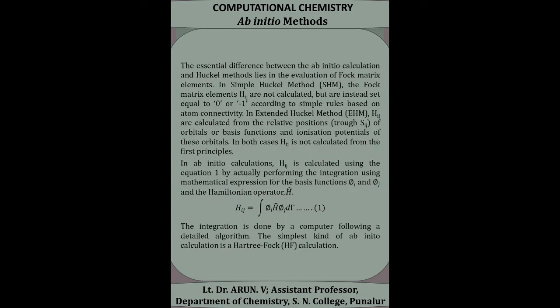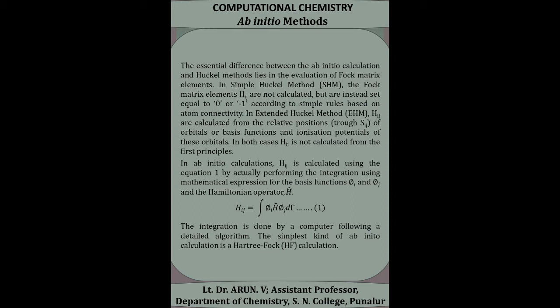The essential difference between the ab initio calculations and Huckel methods lies in the evaluation of Fock matrix elements. In the simple Huckel method, the Fock matrix elements, that is Hij, are not calculated but are instead set equal to 0 or minus 1 according to some simple rules based on atom connectivity.